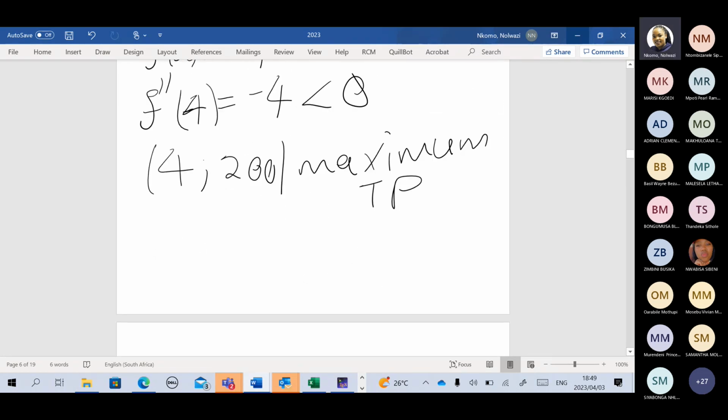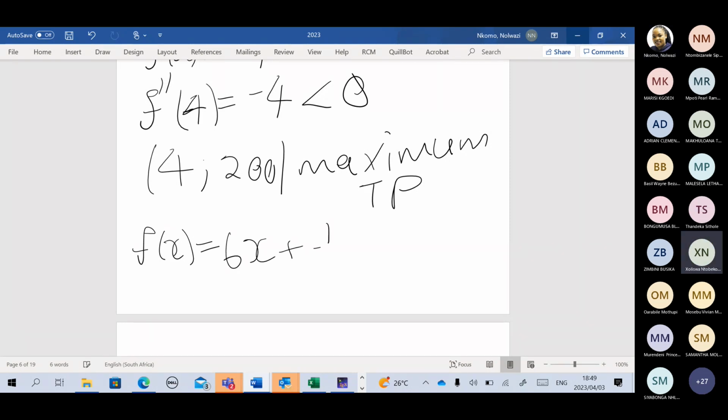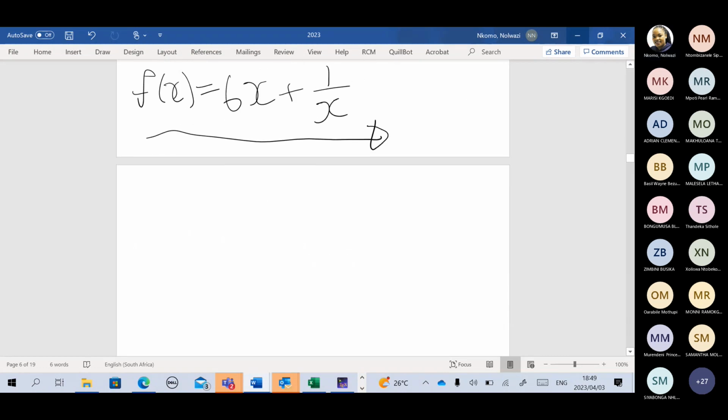Okay. If we don't have questions, please try this one. Hi, ma'am. I have a question. Can you please also explain again how you got your first derivative? I got lost there. Okay. Our function was f of x equals 200 minus 2 into x minus 4 all squared, right?